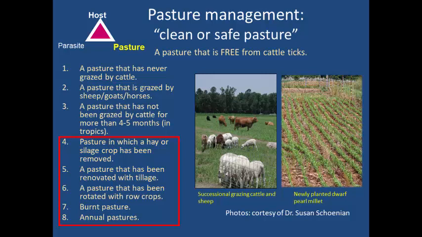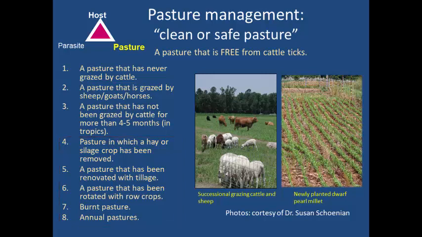We could renovate that pasture using tillage practices. It seems logical that any mechanical agitation of the soil will bury and kill the free living stages of most parasites. We could also rotate the use of a pasture with planting row crops. And finally, there are some options like burning and using annuals instead of perennial plants.